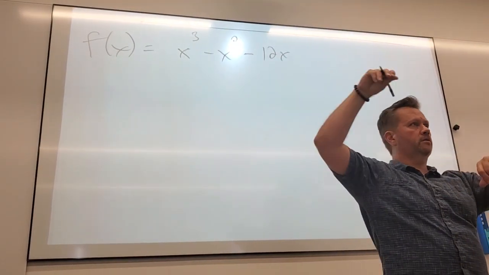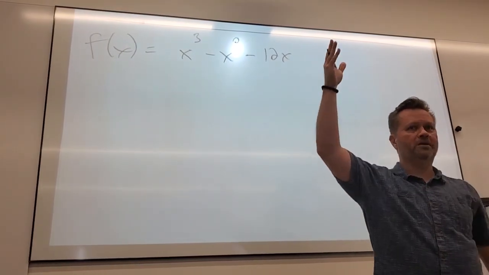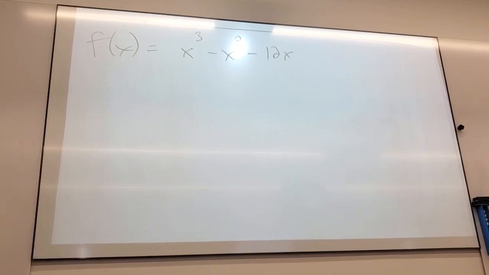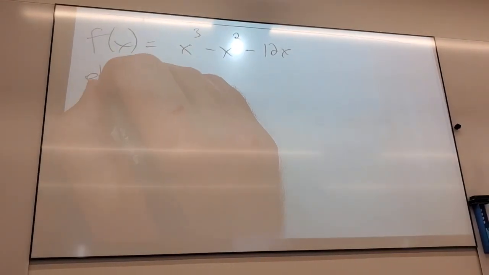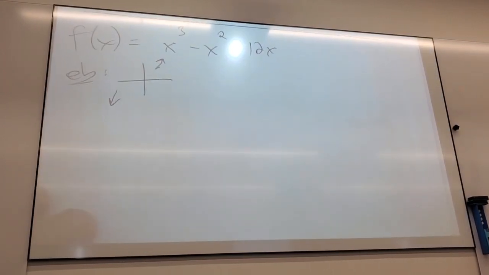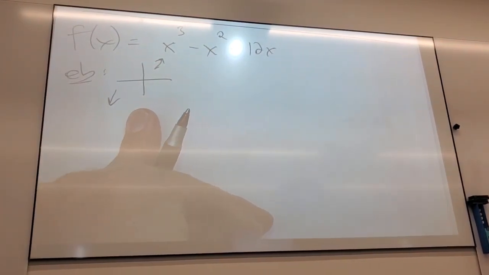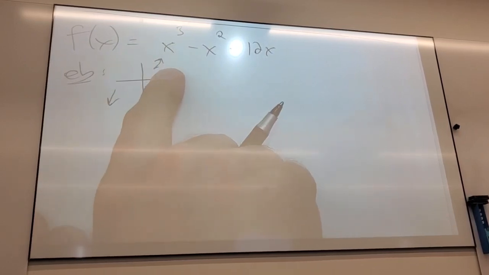Three. Third power. So what does that look like? Cubish. So right now I know the end behavior is going to be this. It's not negative, so it's not been flipped. You guys with me? Yes. So this is a beautiful answer to what the end behavior is.